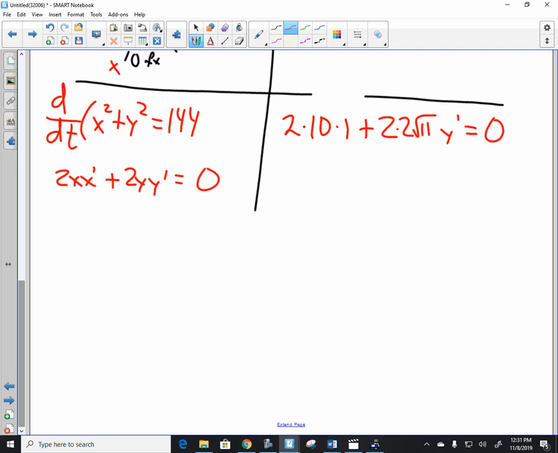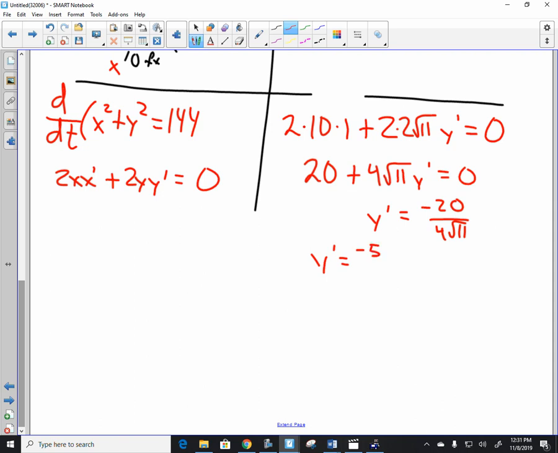0. Don't do that because that's a mistake that people made on their last test. I get 20 plus 4 roots of 11, y prime is equal to 0. Or y prime is equal to negative 20 over 4 roots of 11. Or y prime is negative 5 roots of 11 over 11.